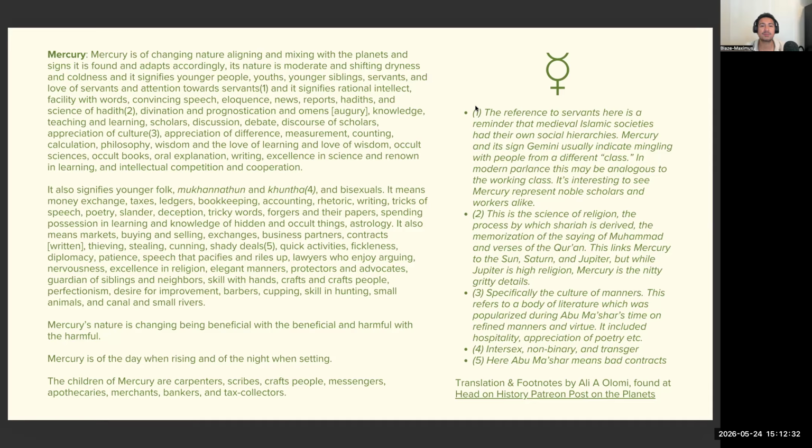And it signifies rational intellect, faculty with words, convincing speech, eloquence, news, reports, hadiths, which in Islam are the sayings of the Prophet Muhammad sallallahu alaihi wasallam. In Islam, Muslims will derive their understanding of the Quran or of their religion from two sources, from the Quran and from the hadiths, which are the sayings of the Prophet.